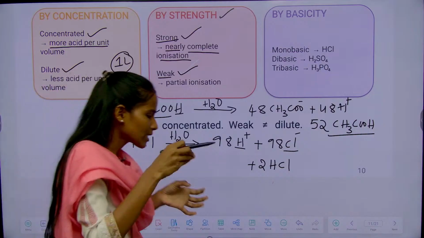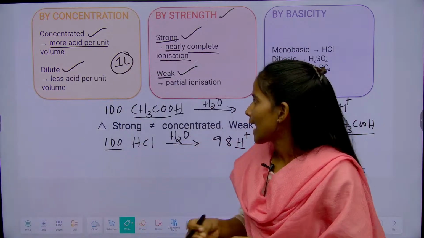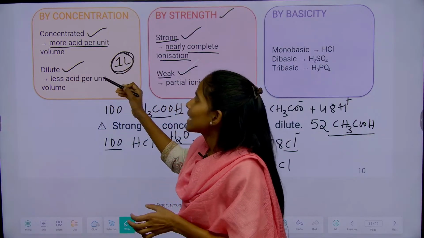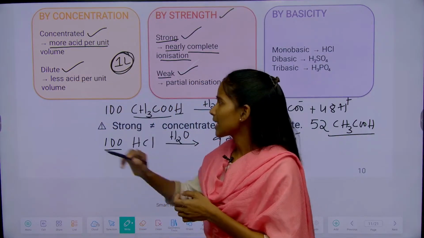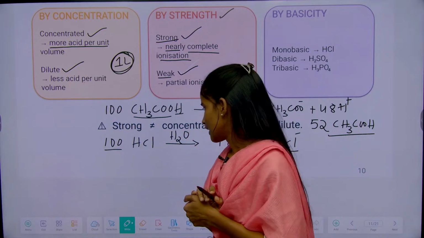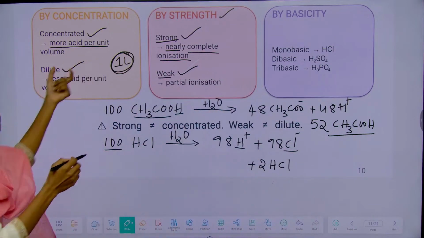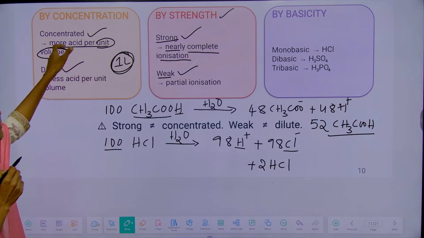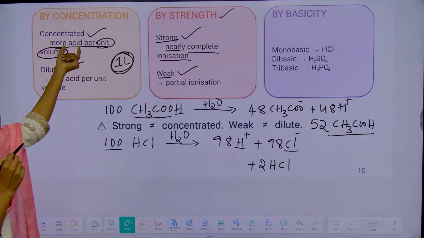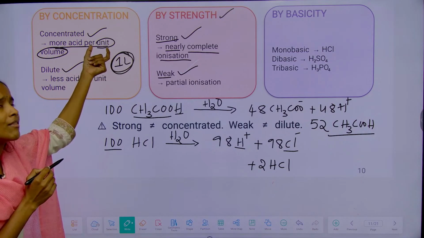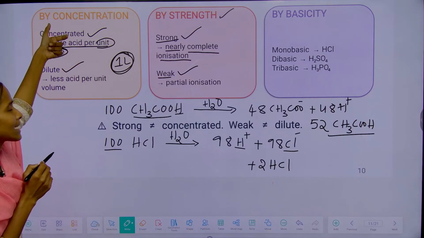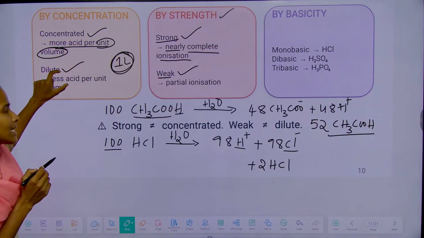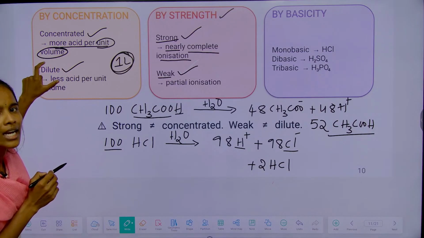Or else, if we add some water to that concentrated solution, then in this 1 liter less amount of acid is present, and we call it a dilute acid. Per unit volume, if more acid is present, we call it a concentrated acid. If less acid is present, we call it a dilute acid.